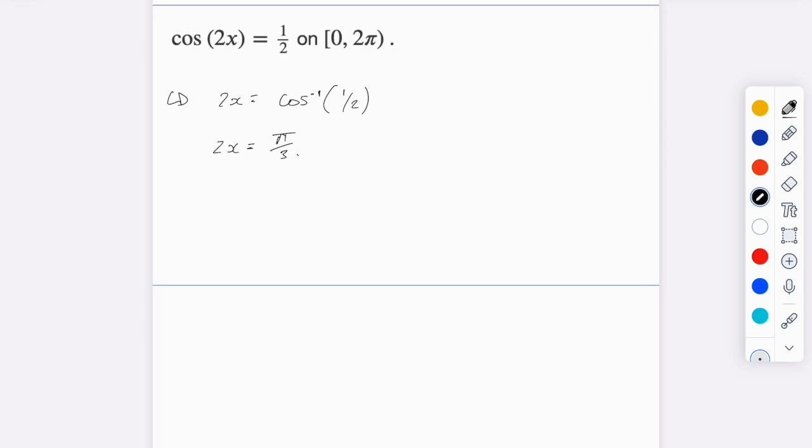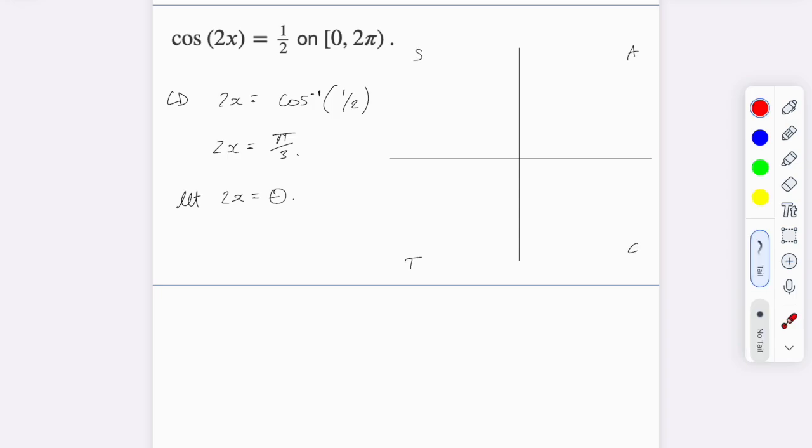I'm going to say let 2x equal theta. So if I draw my diagram now, what we have is the following. Where is cos positive? Cos is positive in these quadrants, so I'm going to draw on these quadrants.